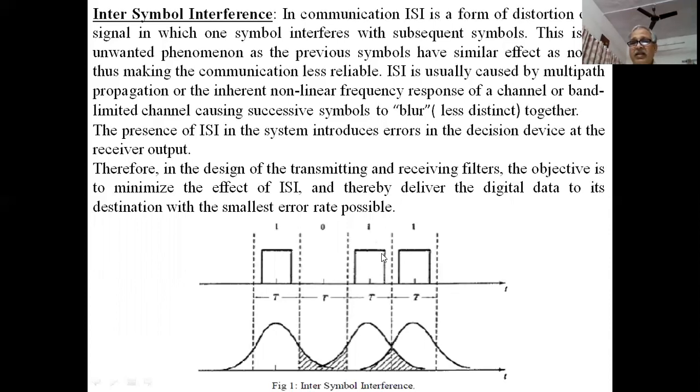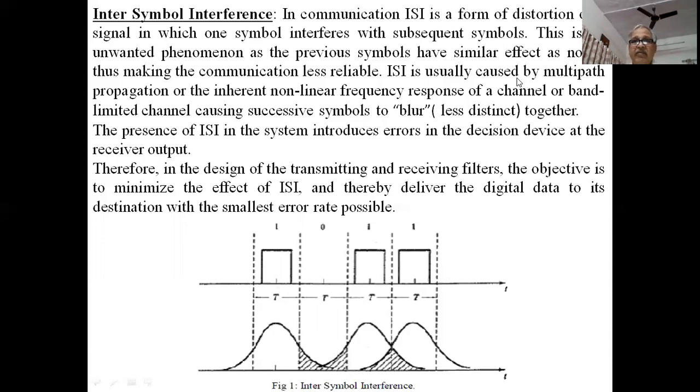If we input this type of signal, after some distance the symbols change their shape, and after traveling some distance these pulses intermix with each other. So these areas are known as inter-symbol interference.